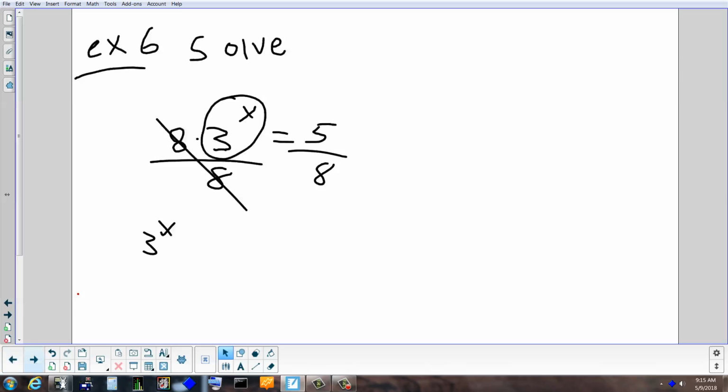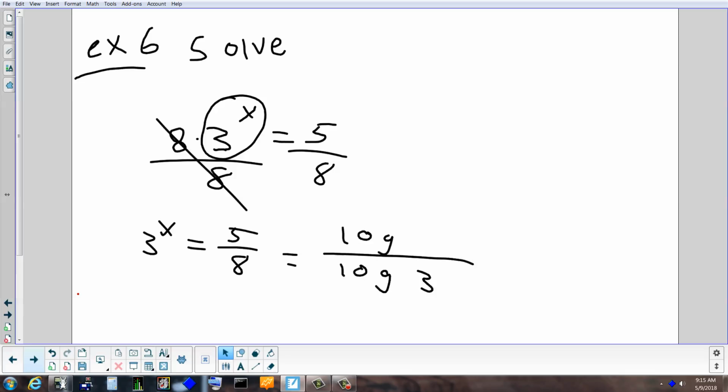Okay. So now you have that, and now it's the same as the last two kinds of problems. It's going to be a log over a log. 3 is your base, so that goes in the bottom. And 5/8, that would be your argument when you rewrite it in log form.